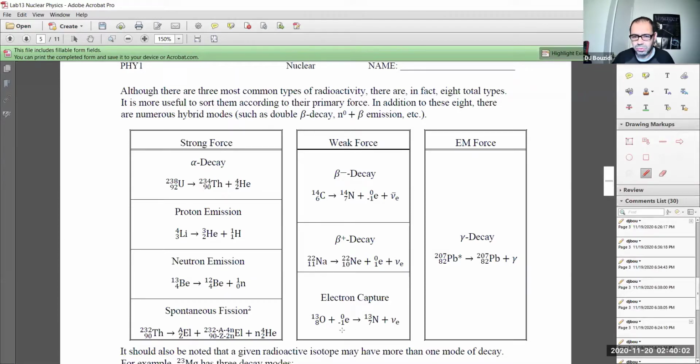Okay, so in this case, the electron that is captured goes into the proton and mixes with it. So you have a proton, which is positively charged, and now you capture an electron, which is negatively charged, and both of them become a neutron, which has zero charge.